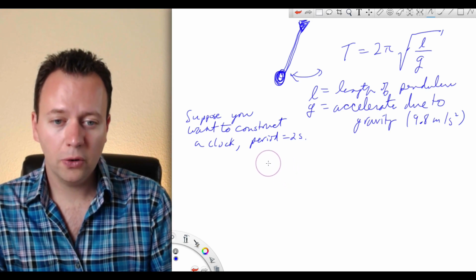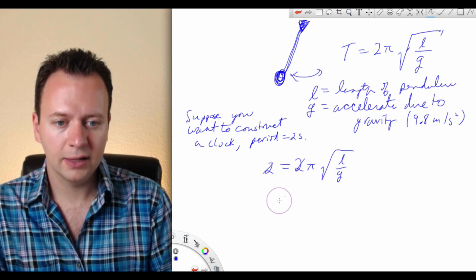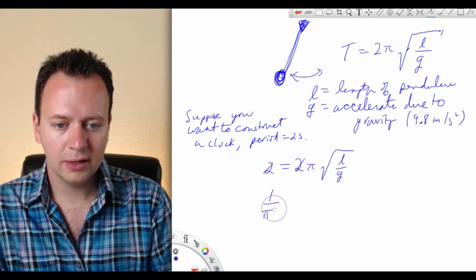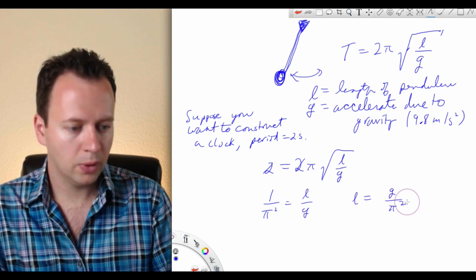Well, we set the period equal to 2, so we get 2 is equal to 2 pi square root of L over G. The 2's cancel, so I get 1 over pi squared is equal to L over G. Therefore, the length has to equal G over pi squared.